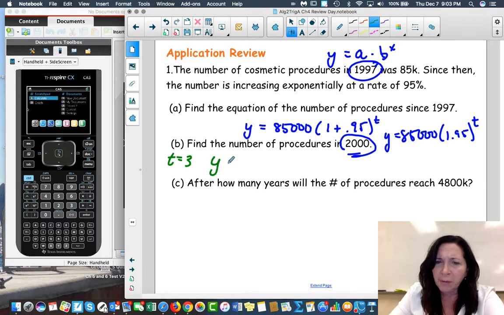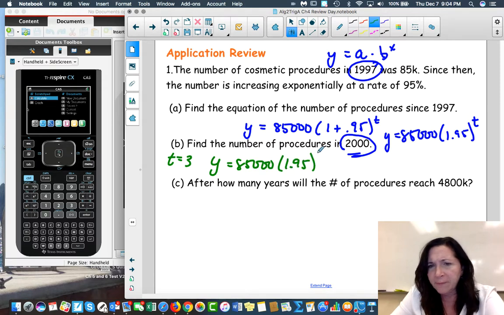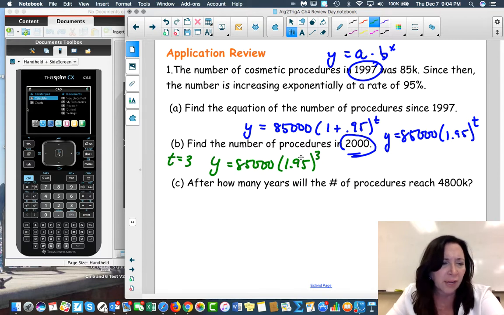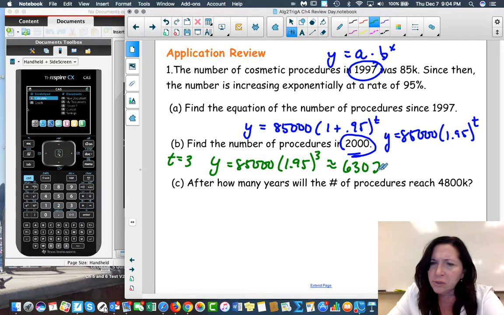So for this problem, you're simply going 85,000 times 1.95 to the third power, and plugging these in your calculator, you will get approximately 630,264. That's what I ended up getting.